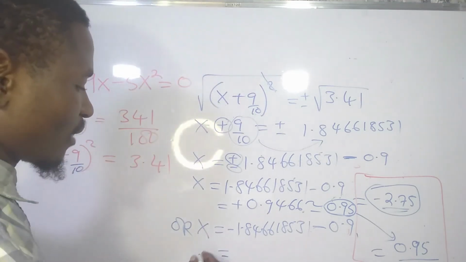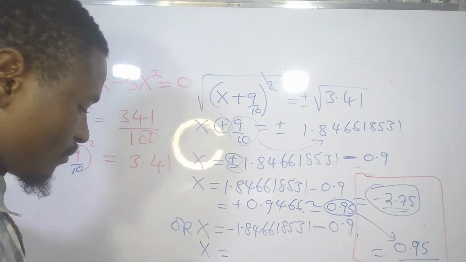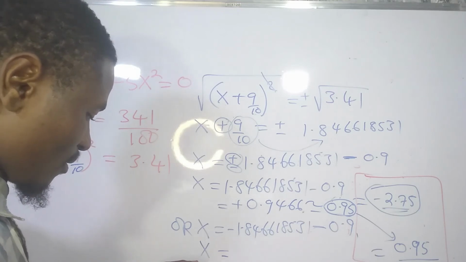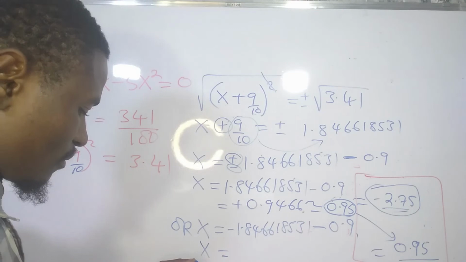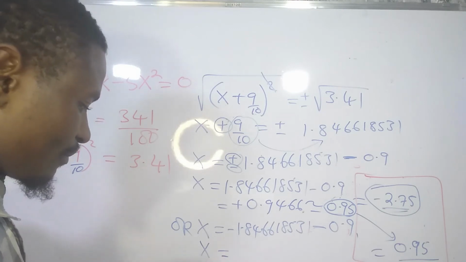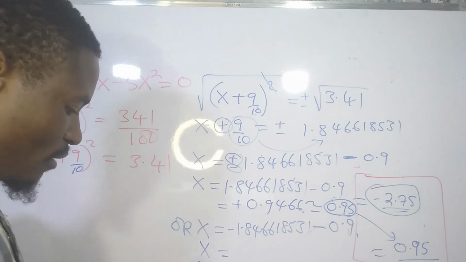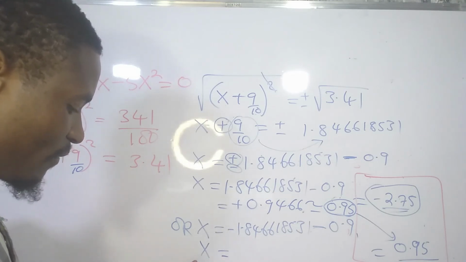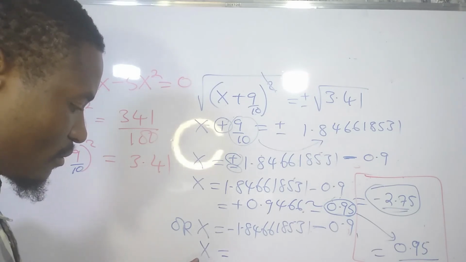Now for this one, x will be negative 1.84661851 minus 0.9.